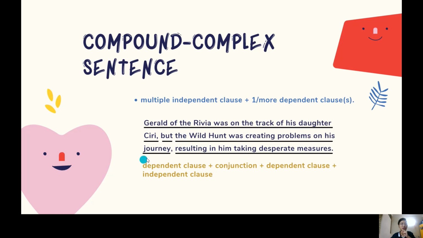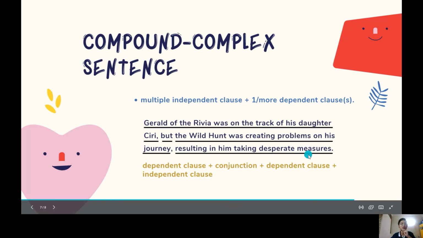This is also a dependent clause because this entire thing is a compound sentence, resulting in him taking desperate measures. Now, this part should be the independent clause because it seems like it's actually trying to storytell the sentences right before it. So this entire thing is how we break it down.